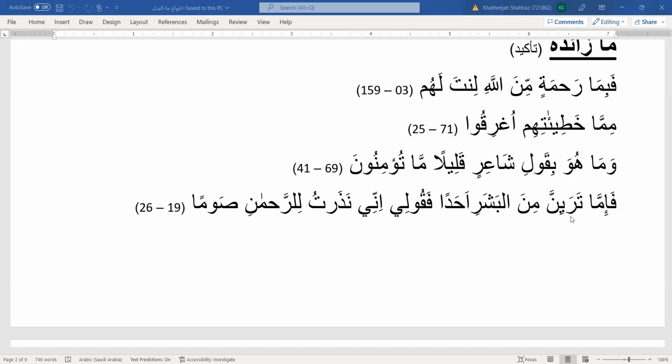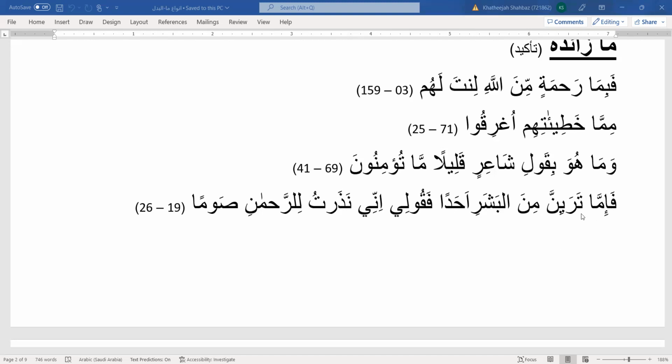And if you see, and there is a nun of emphasis, and the nun of emphasis is telling me it will definitely happen. So if you see, and that seeing will definitely happen. So if you see any from men, then you say, indeed I pledged a fast for the Most Merciful. Okay.